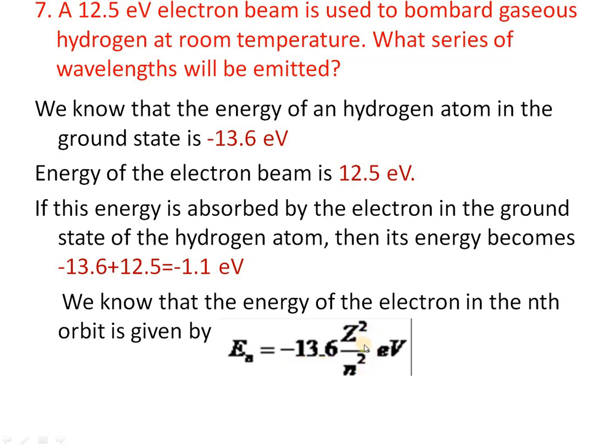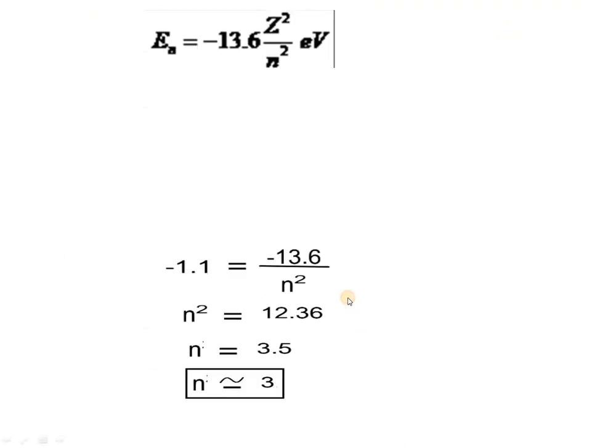As we know, for hydrogen atom Z is equal to 1. So En is equal to minus 13.6 divided by n square. In this formula we have to substitute En equal to minus 1.1 electron volt, and calculate n. Z is equal to 1. That we are going to do now.